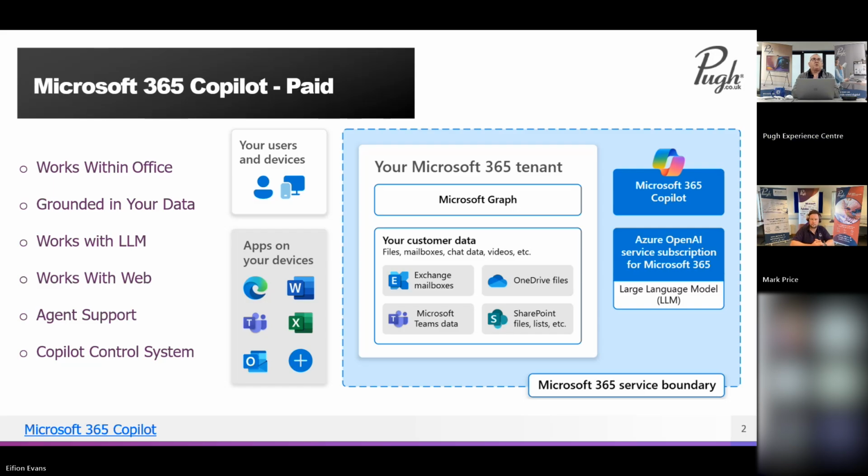But the paid version of Copilot is deeply integrated into the Office apps. So Word, Excel, PowerPoint, Teams, it's deeply integrated in there. And on top of that, it has access to your Office 365 tenant data. That includes your email data, your OneDrive data, Teams and Teams meeting data, SharePoint.